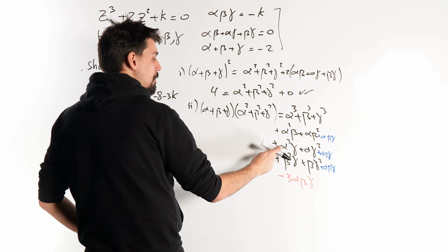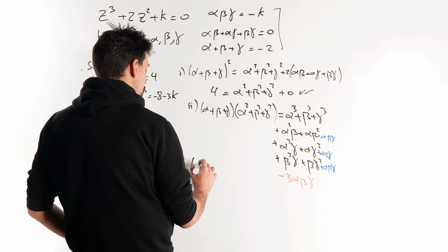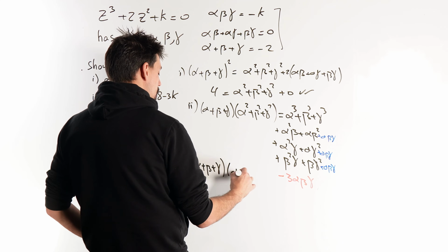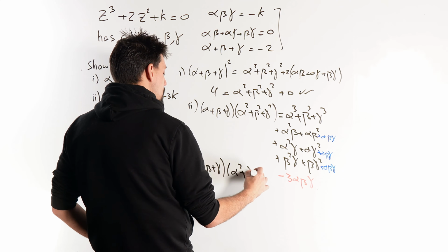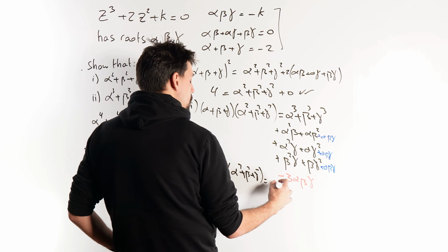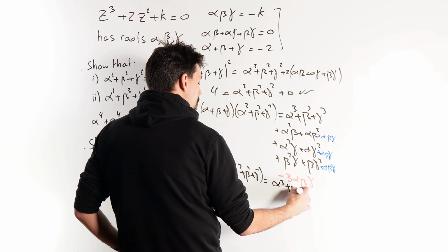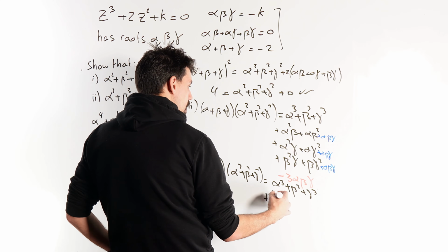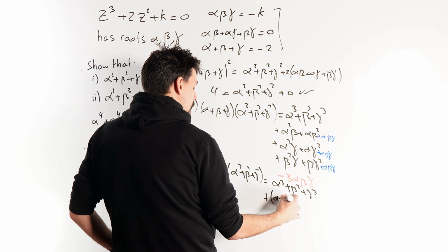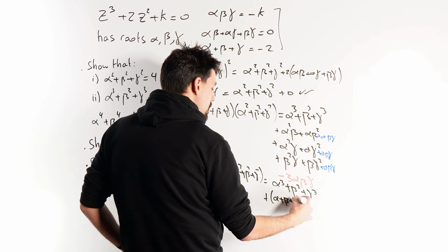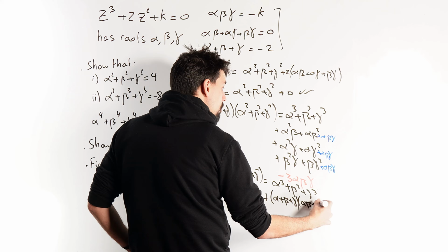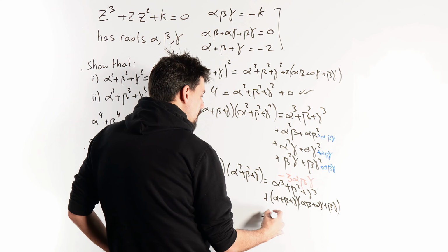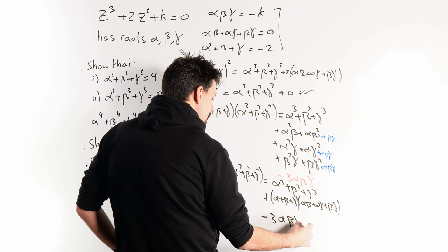This one will factorize out an alpha gamma, this one a beta gamma, and we end up with this idea here. Alpha plus beta plus gamma times alpha squared plus beta squared plus gamma squared is equal to alpha cubed plus beta cubed plus gamma cubed plus alpha plus beta plus gamma times the double products, minus 3 times alpha beta gamma.